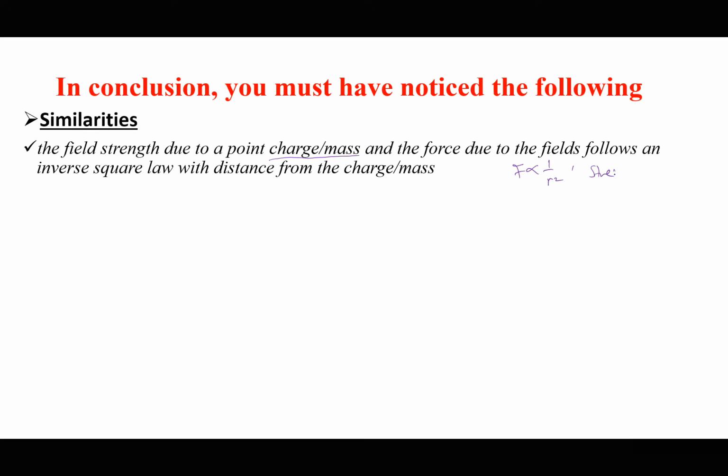Field strength, I don't want to use any letter for strength because there are two letters, G for gravitational and E for electric field, but strength also follows an inverse square law. G for gravitation is capital G m over r squared, and E for electric fields is kq over r squared.